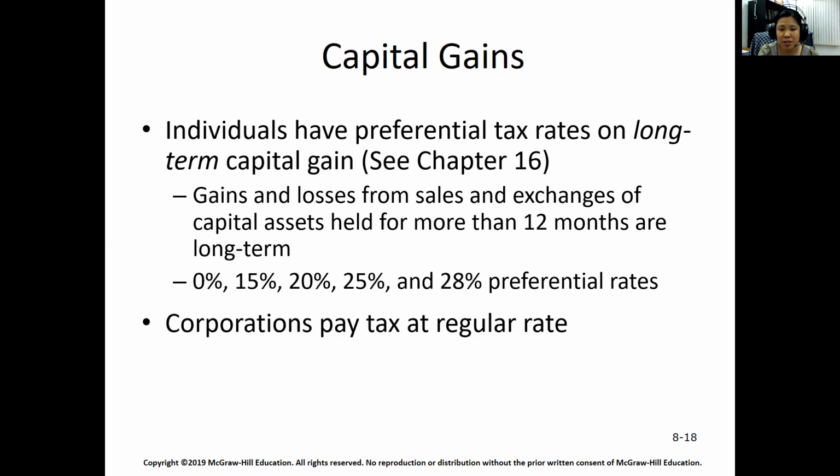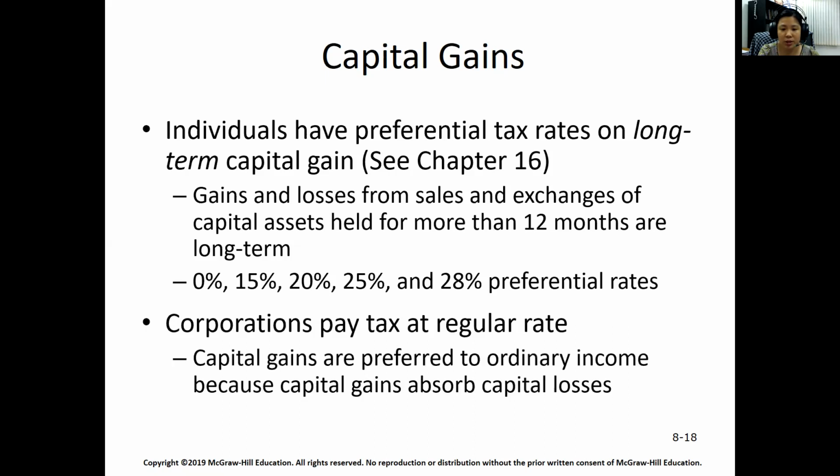For a corporation, short-term or long-term capital gain will be taxed at the normal regular rate, which is 21% in 2018.